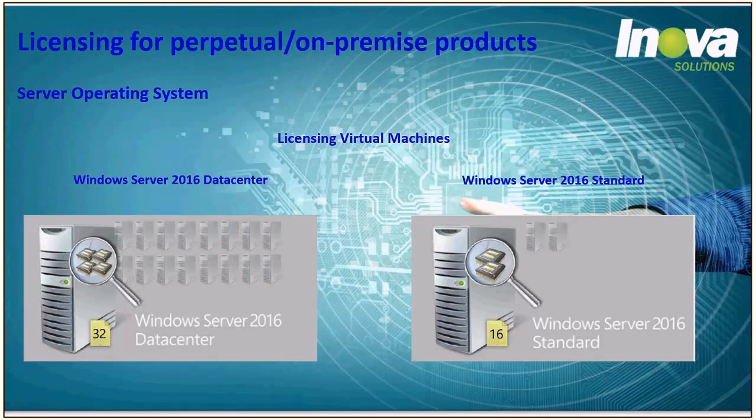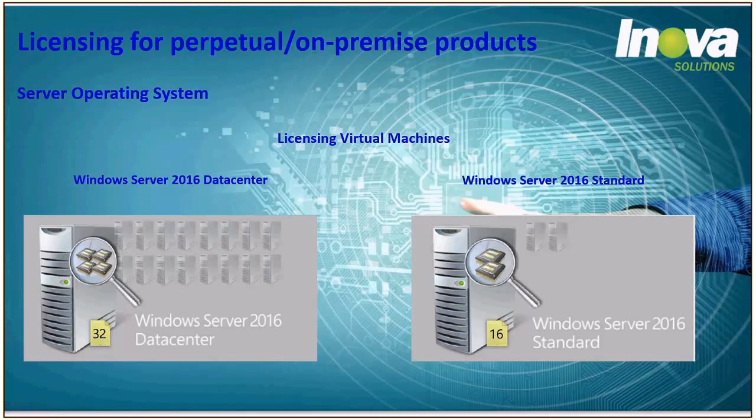Now, Windows Server 2016 Standard and Data Center include Hyper-V to allow for your server virtualization. And as I said, be aware that virtualizing is not a way of reducing licenses purchased. And different versions of the license and different editions of the products may have different virtualization rights, which I'm going to explain now.